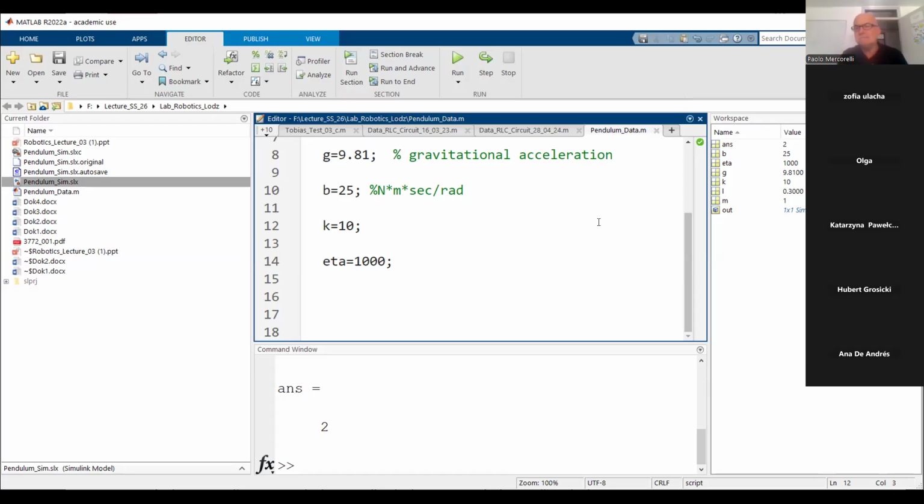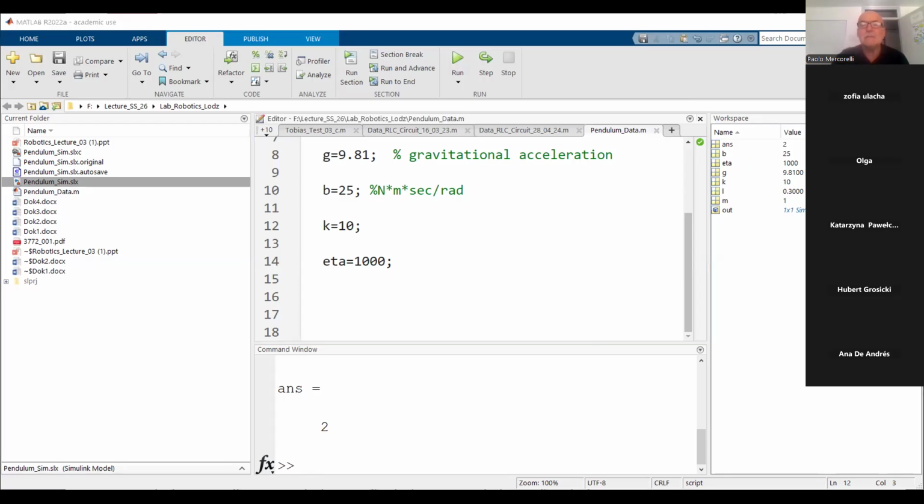Let me send you directly this file by chat, and then you will find also everything in the WeCamp. So you have it already.